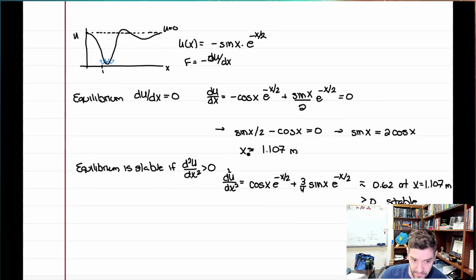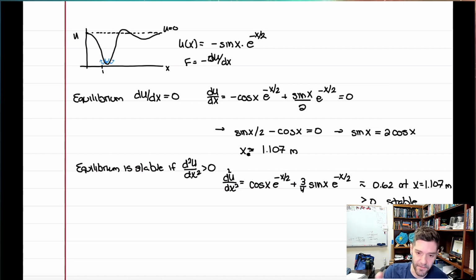Let's scroll up and remind ourselves, negative sine of x e to the negative x over 2. I could write that as a Taylor series about the equilibrium point. There will be a constant term and a first derivative and second derivative, and so on. I know the first derivative term is going to vanish because it's an equilibrium point.